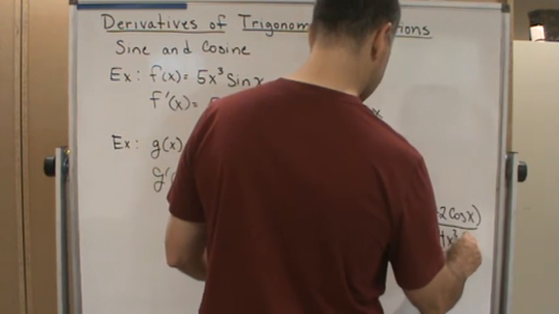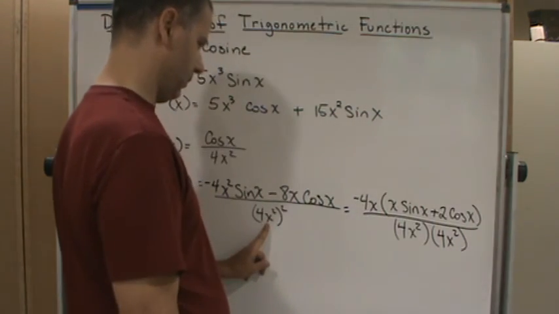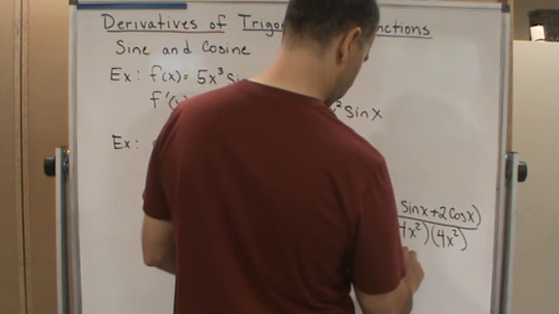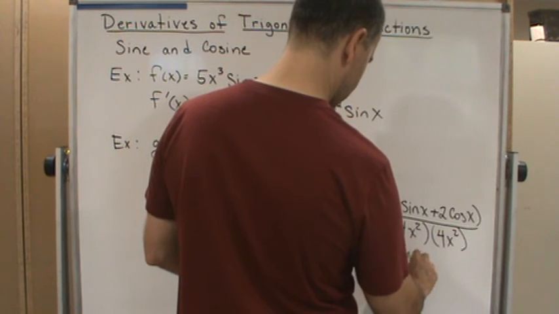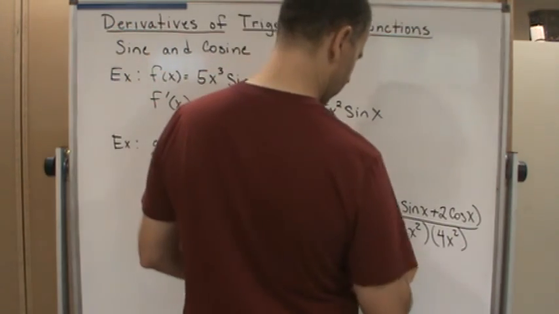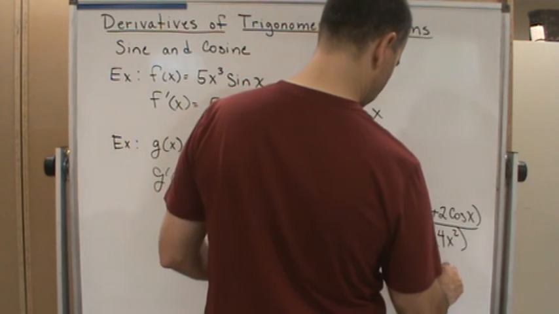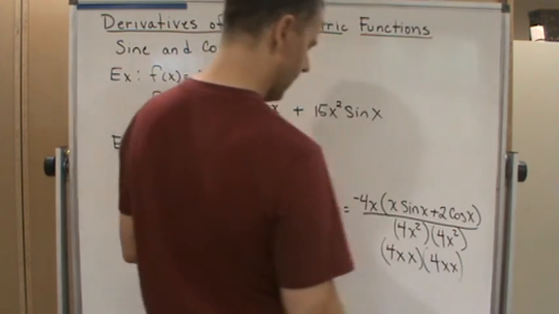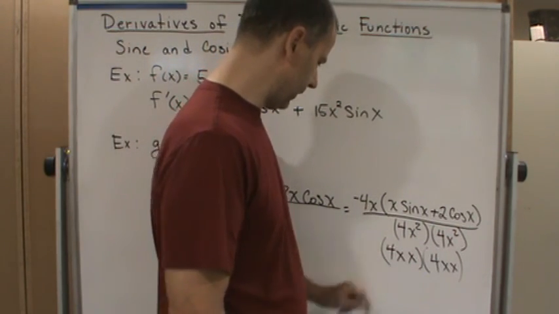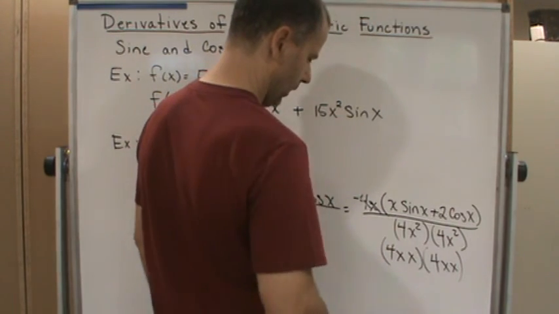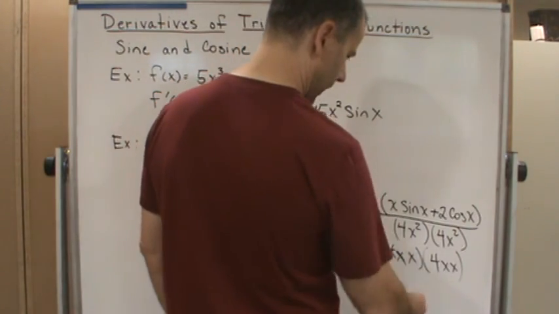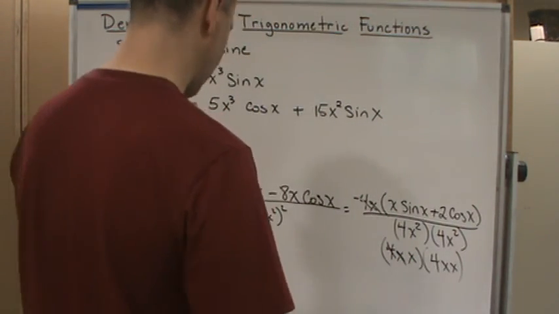Times 4x squared. But then this is 4x times x, right? Times 4x times x. And I got a 4x here. I can cancel the 4x here with this 4x. And so that leaves me with 4x cubed, right?